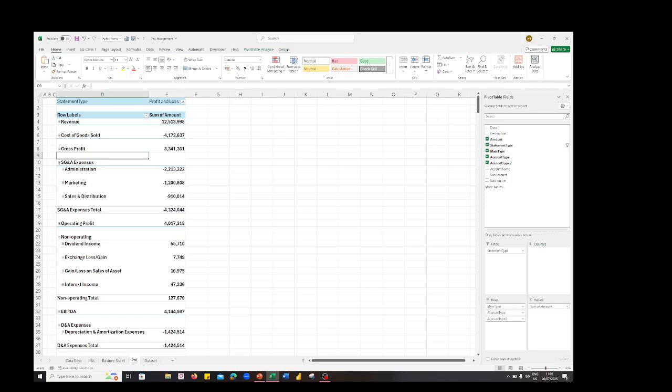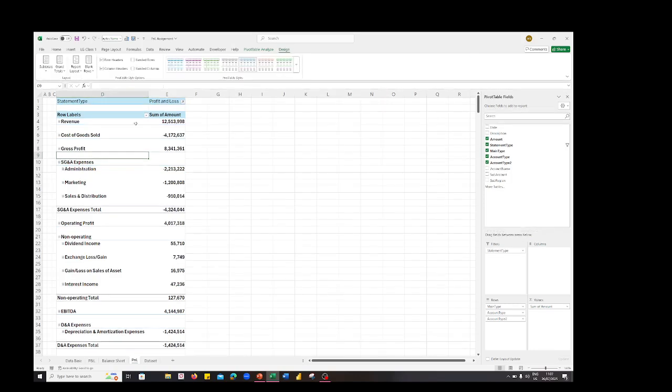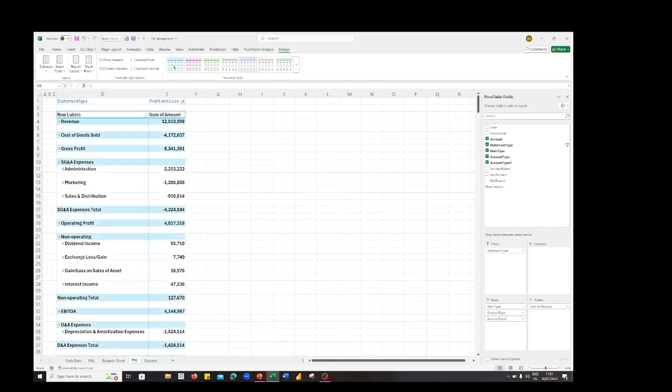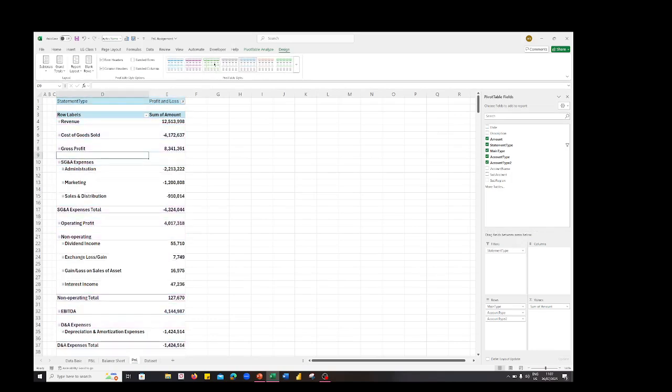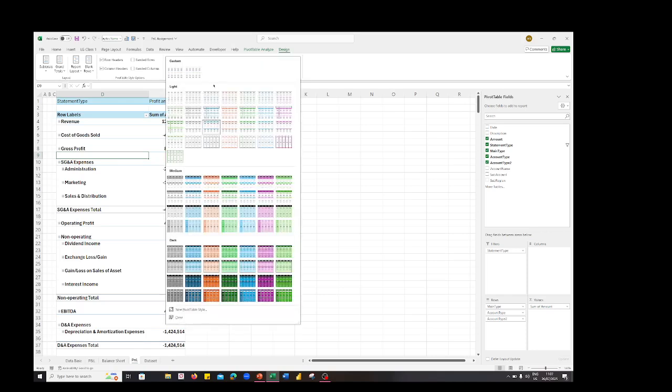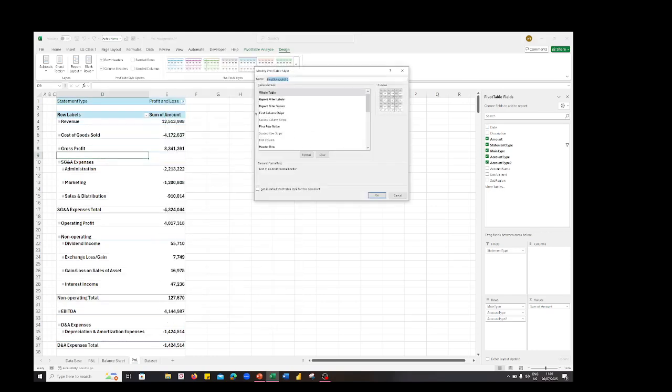Let's go to design. Choose this and duplicate it. Once you duplicate it, all the elements with dark should be cleared. Clear all of them. Clear this. Clear this.